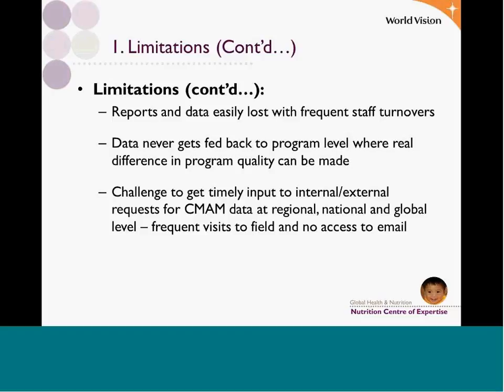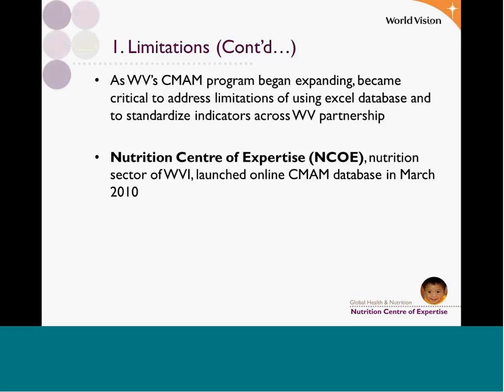And this would sometimes take up to several months to get this data. And then the donor has gone to another geo, or they've lost interest in CMAM programming, and so we lose the donors. So yeah, that's a big challenge.